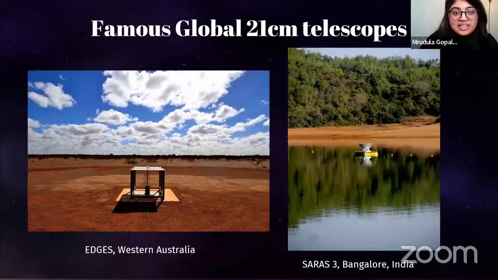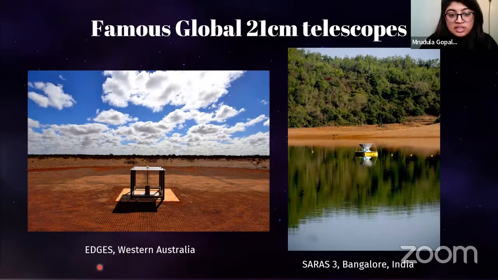Coming to the global 21 centimeter instruments, the two most famous ones are EDGES, which is in Western Australia. EDGES came out with a possible detection a few years ago, which is still contested.